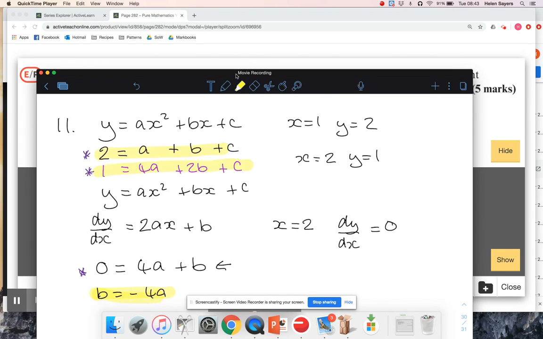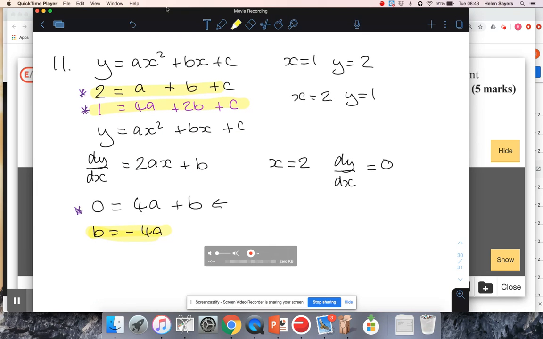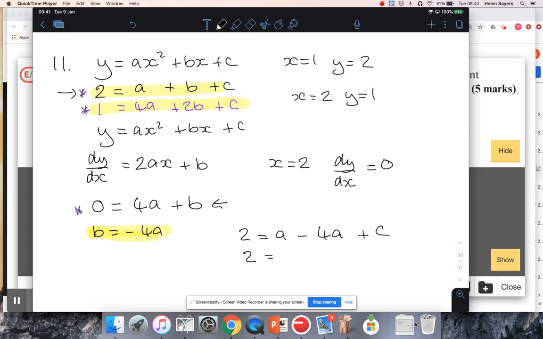So let's move this up a bit on the screen, somewhere out of the way. Okay, right, so if I substitute it into this one, that's going to become 2 equals a, and then I substitute b for minus 4a. So that will tidy up into 2 equals minus 3a plus c.